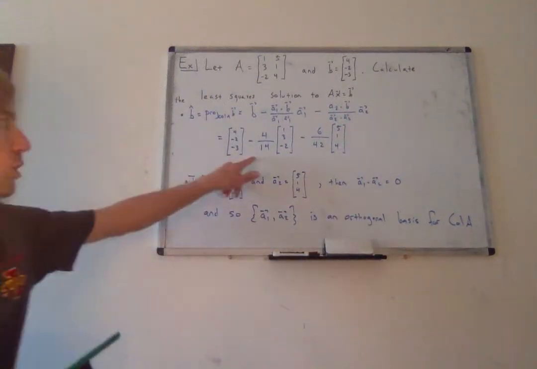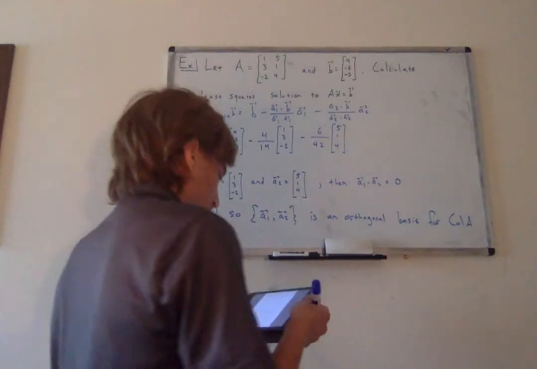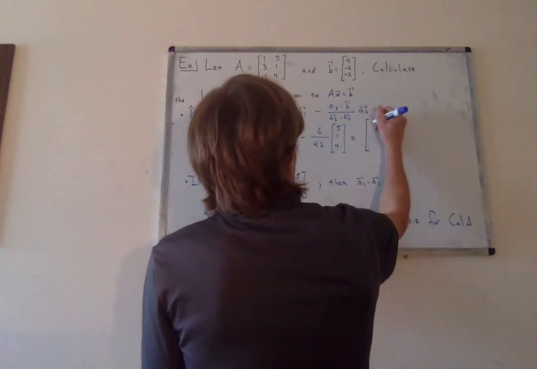Distributing these two fractions and doing all of this vector arithmetic, you should get that b hat is equal to 1, 1, 0.